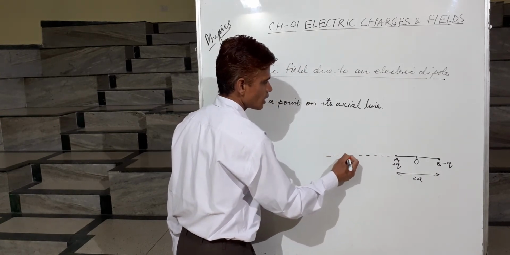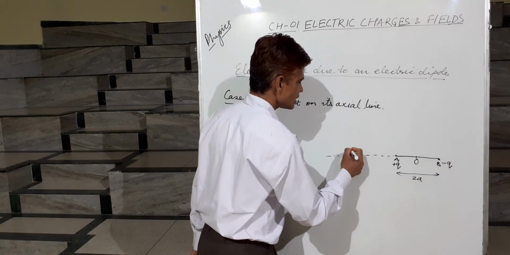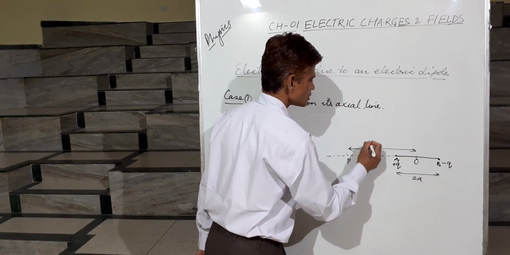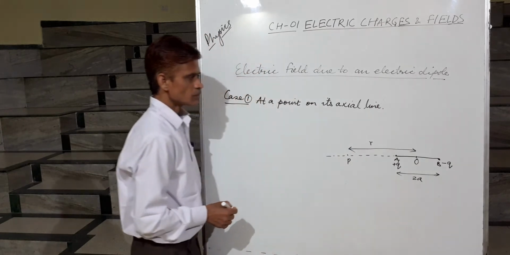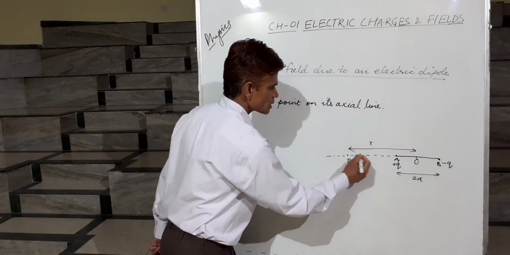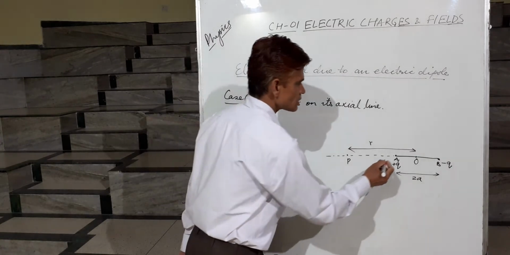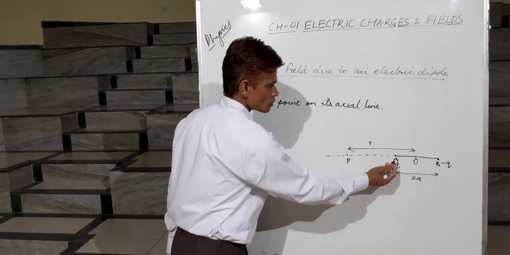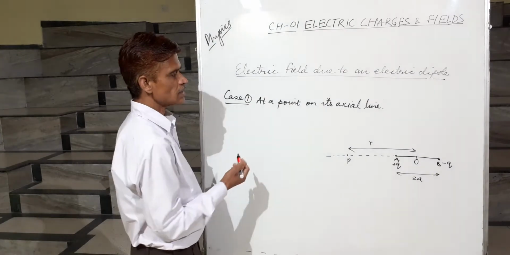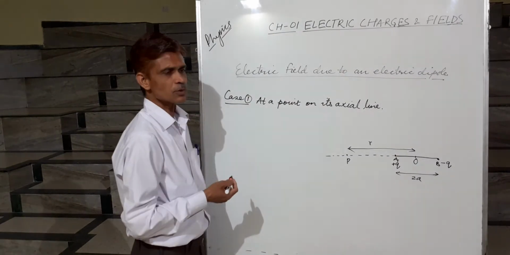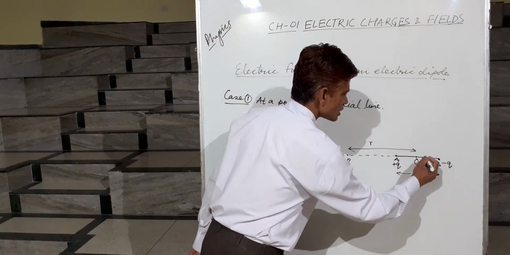So let us calculate the electric field at a point P on this line, which is at a distance, suppose r, from the center of the dipole O. So for this, what do we do? We use the basic procedure, that is we calculate the electric field due to one charge, plus q, first, and then we calculate the electric field due to minus q charge, and then we add vectorially using the superposition principle to get the net electric field at this point P. So what is the direction of the electric dipole moment vector?